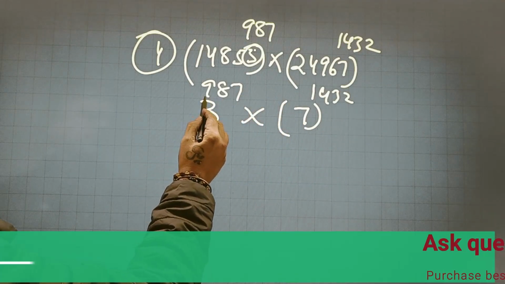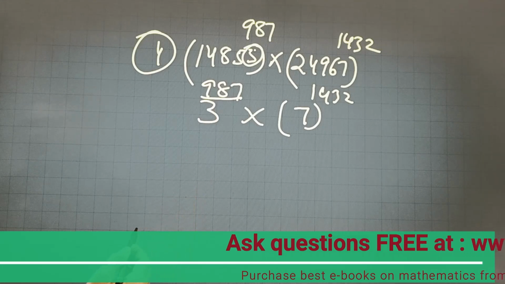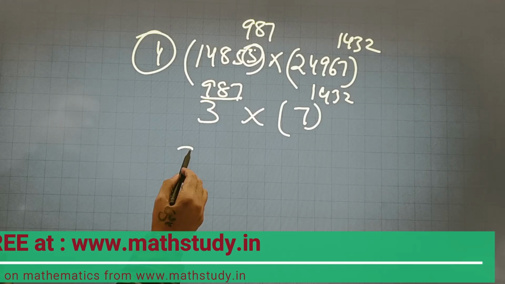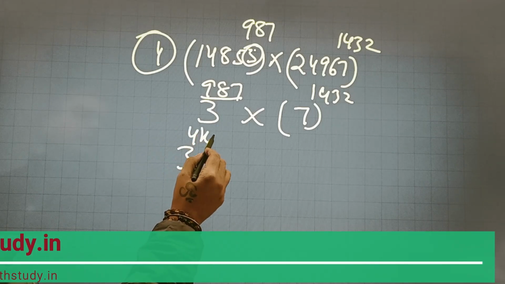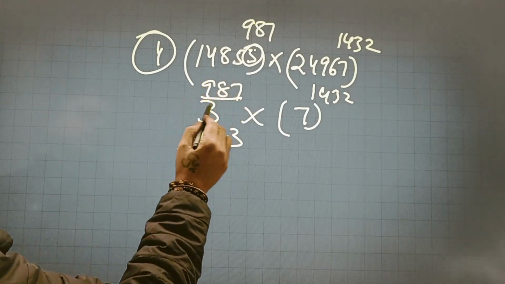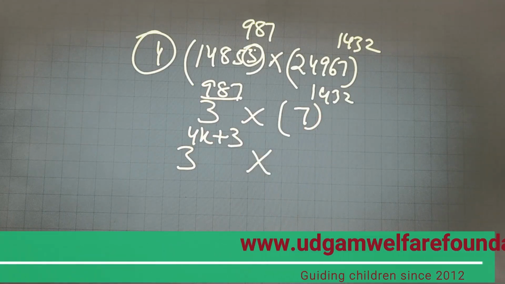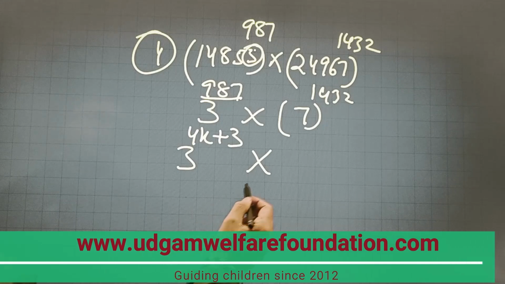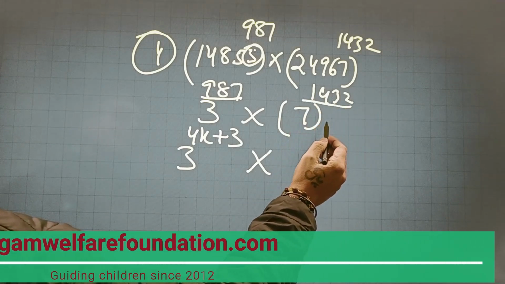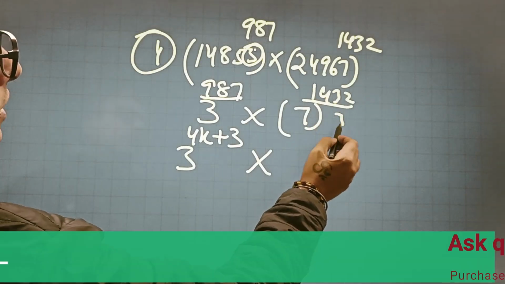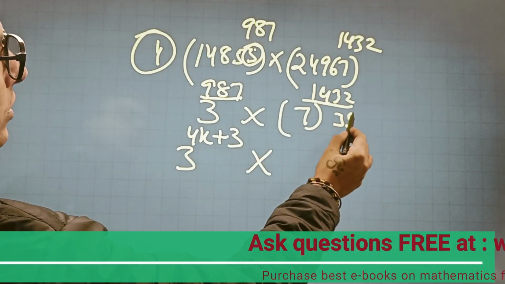So here we have to divide this number by 4. After dividing, we get 3 raised to the power 4k plus 3. Similarly, once you divide the other number by 4, you get 4k only, because this number is exactly divisible by 4. That is 4 3s are 12, 23, 4 5s are 20, 4 8s are 30.